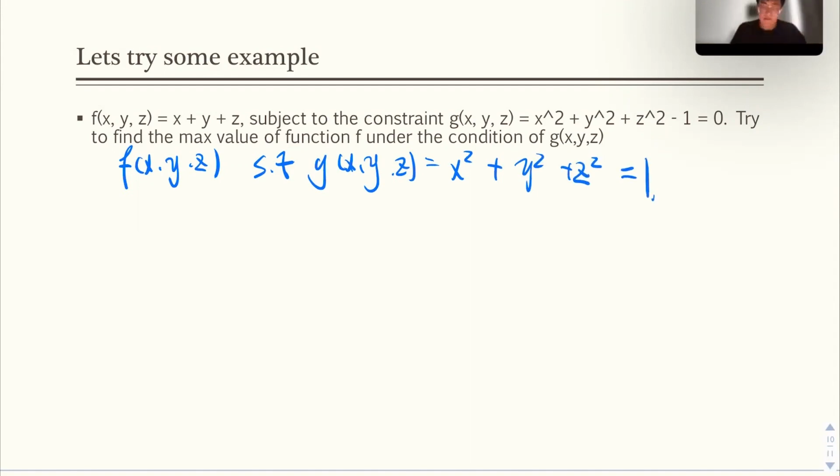We first of all need to combine the objective function with the constraint, which means we have to set up a Lagrange function here.